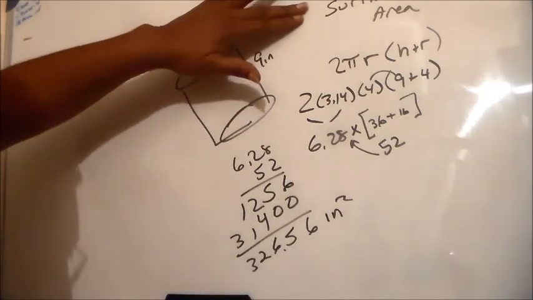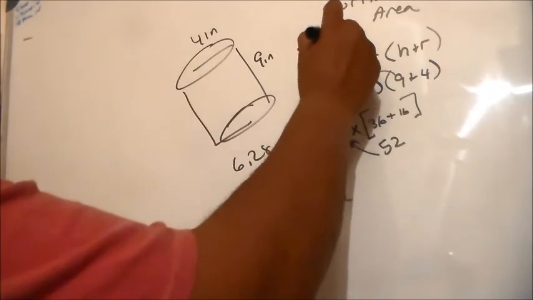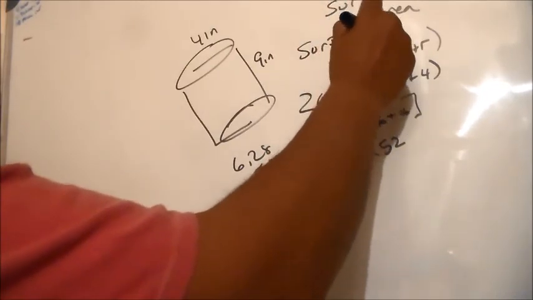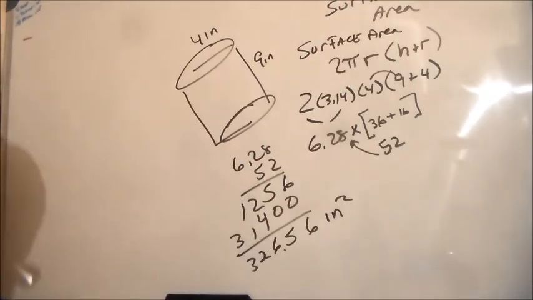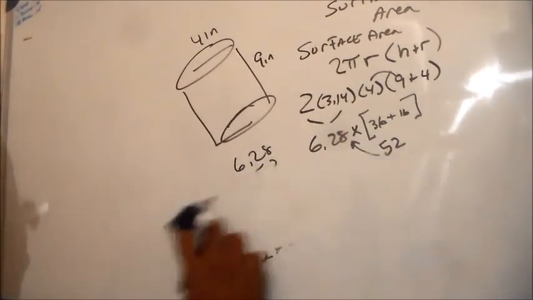And let me just look at this. Yeah, surface area. Make sure that's all in there. So I really don't have anything else interesting to leave you guys with. We covered surface area, volume of a cylinder. You know what? Volume of a cube.